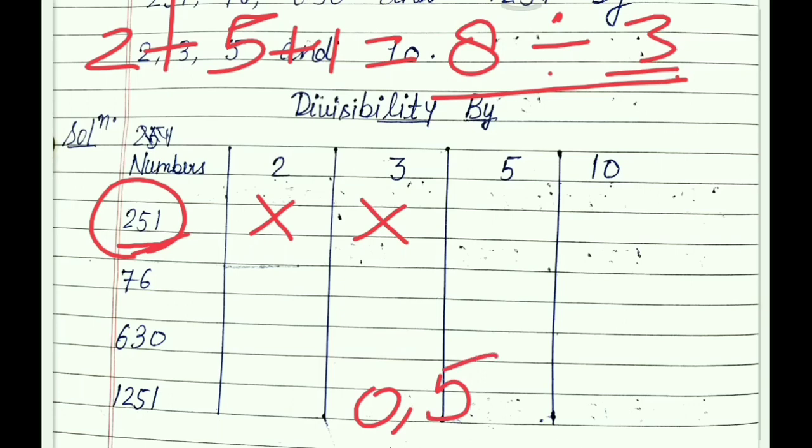Here the last digit is 1 only, so it is not divisible by 5. Okay, 251 is not divisible by 5. Last is 10. Only those numbers are divisible by 10 which have last digit 0, but here the last digit is 1, so it is not divisible by 10 also.